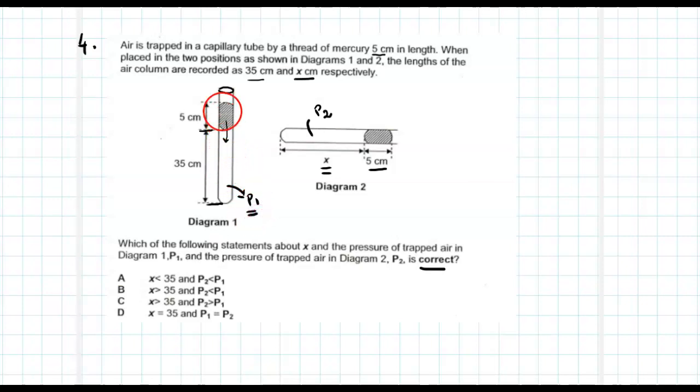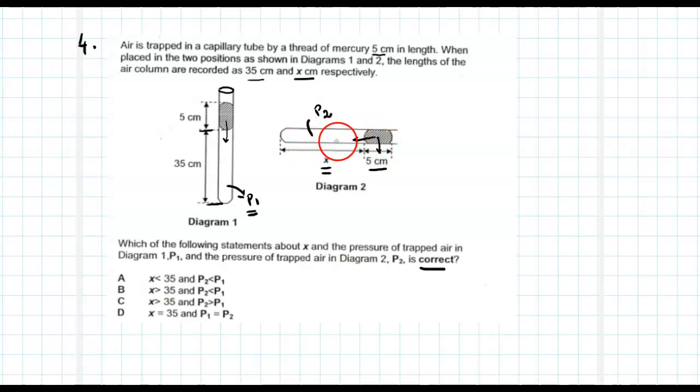So what will happen if the capillary tube is placed in the horizontal position? When it is placed horizontally, the mercury weight will not act horizontally, it always acts vertically. So the weight is not acting onto the air molecules.